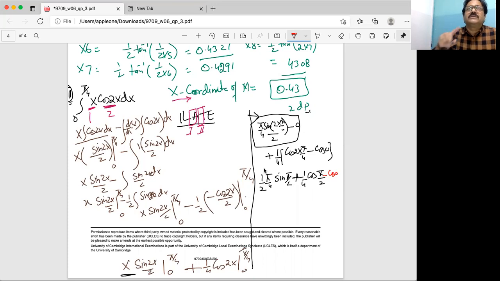Cos 0 is 1; cos 0 is always 1. So this 1 over 4 is basically common. You should remember this. So now come on, get the result yourself, please.